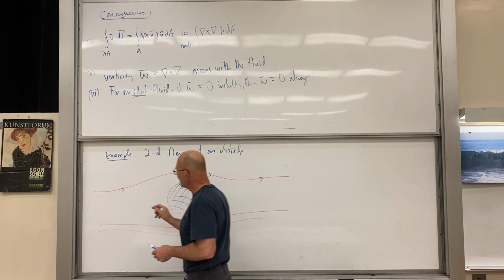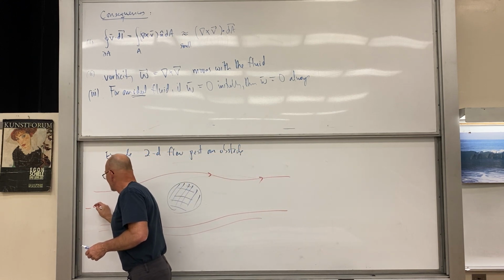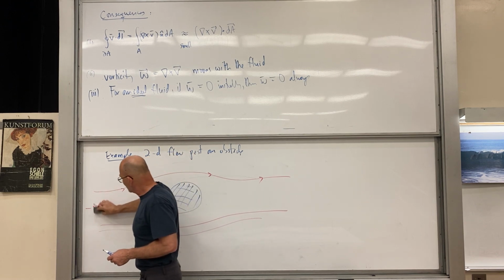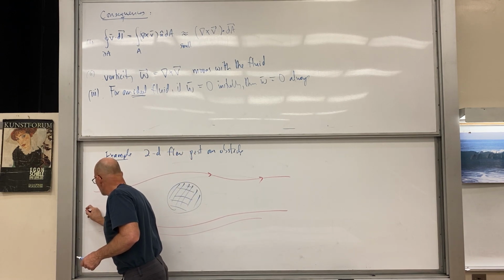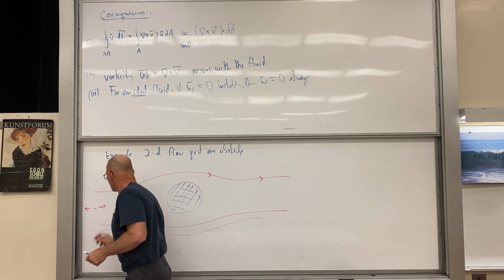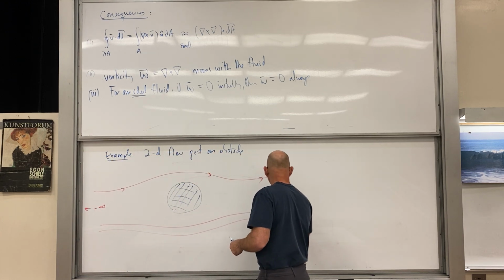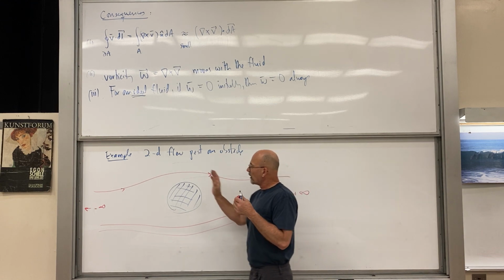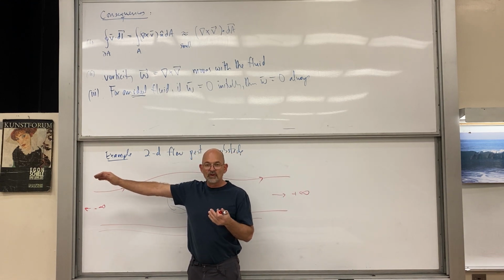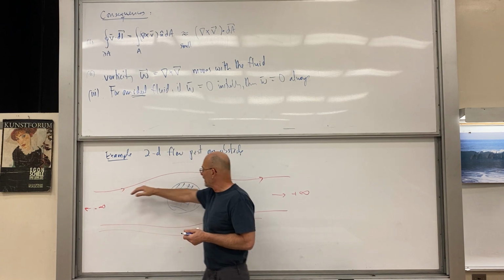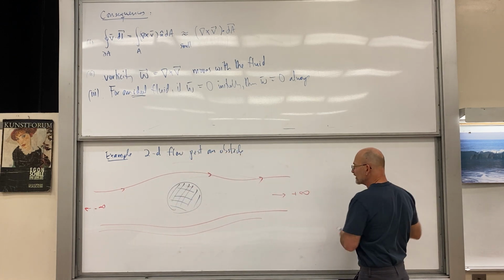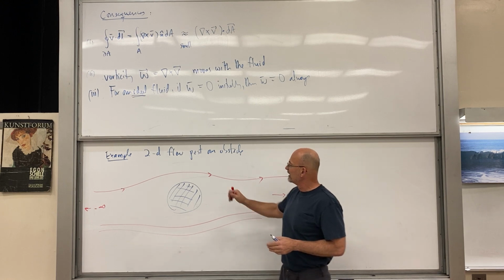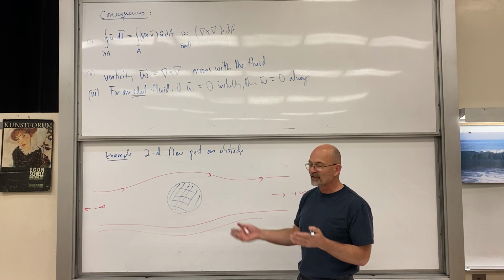So yeah, suppose you have a flow like this, and if you came in from far enough downstream, that's supposed to be an infinity. Okay. And you go out here to plus infinity. Then if you're far enough away, your flow is uniform. And then if you're far enough away on this side, it's also uniform. Well, if it's uniform, then it has no vorticity, right? It has no curl.